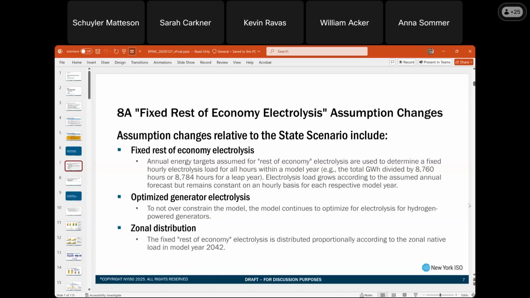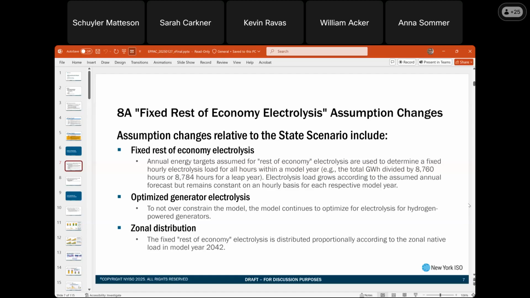This is Sarah Karkner from the NISO. I can chime in here. I do want to confirm the time settings used in the capacity expansion modeling for this phase 1 analysis do use sample chronology in Plexos. What that means is that there are representative days that are weighted across the year based on different conditions, but within each representative day, chronology is preserved.